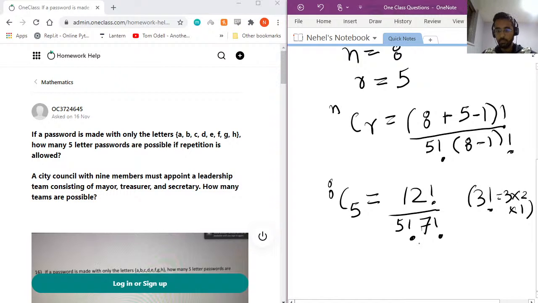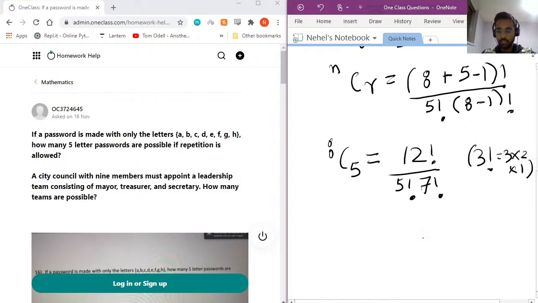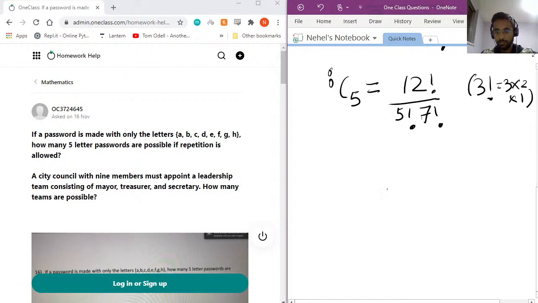In that similar fashion, we can say 12 factorial is 12 times 11 times 10, all the way down to 1.